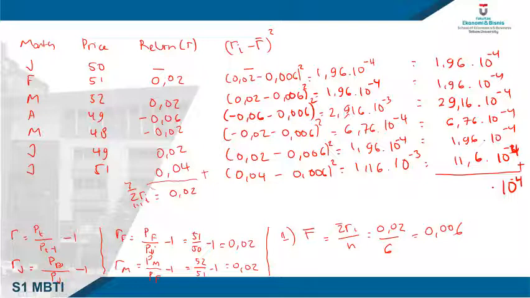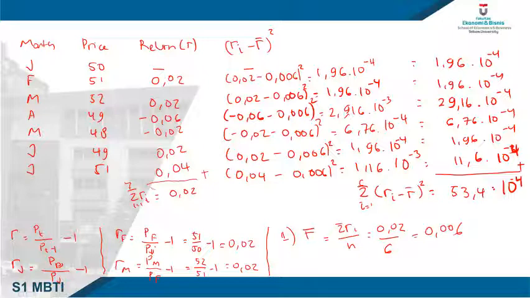You calculate along with me, yeah? So it is 53.4 times 10 to the minus 4. So this is the sum of Ri minus R bar squared, from i equals 1 to 6.